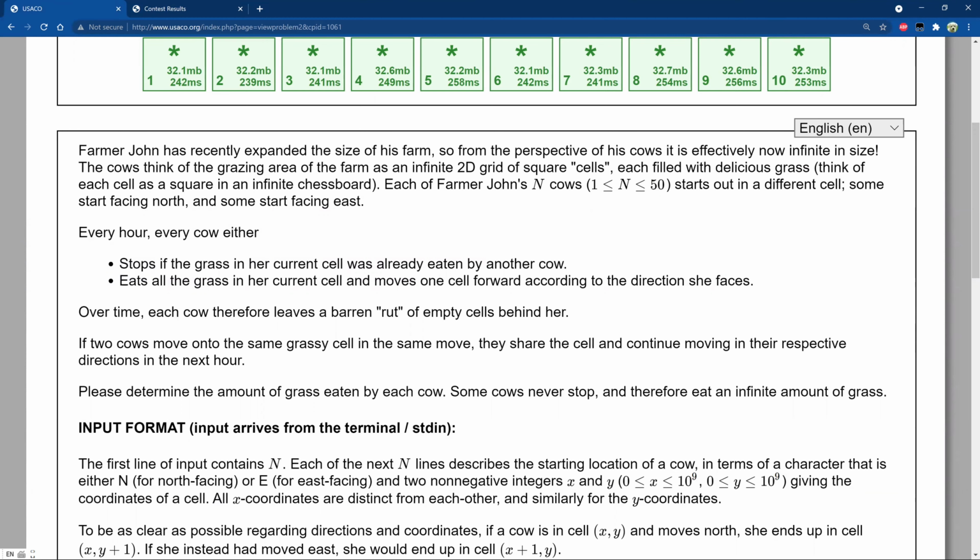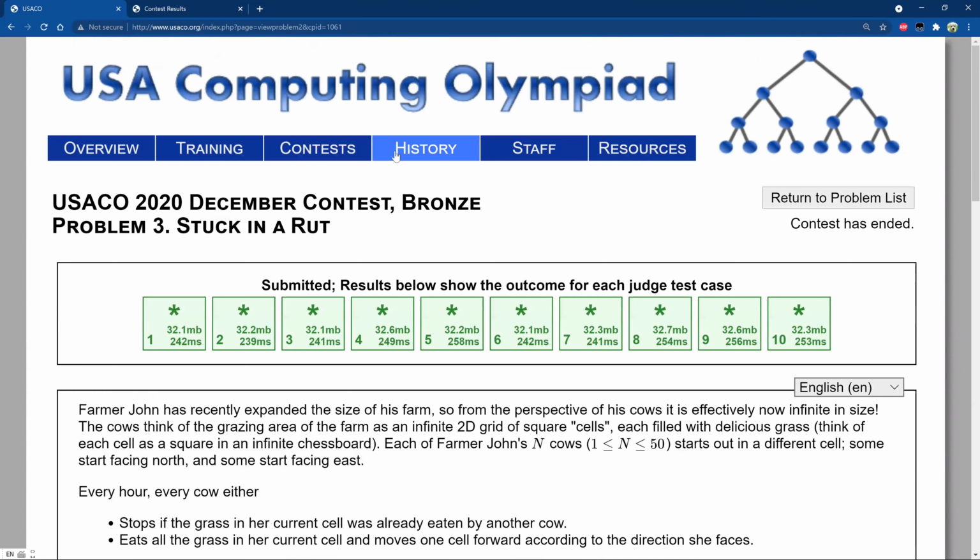So often in USACO bronze, you can just directly simulate the problem and pass all or almost all the test cases. However, in this case, you cannot do direct simulation. It won't get you far because it is 2 to 3 orders of magnitude greater than what is allowed. If you want to try out direct simulation, you can go ahead and see how many you get correct.